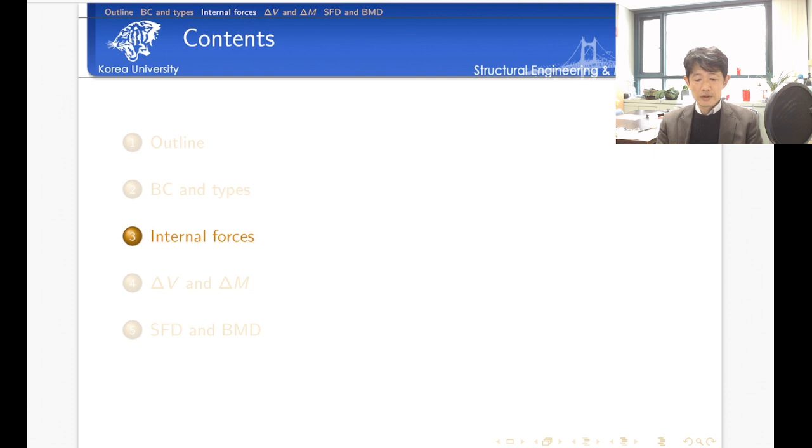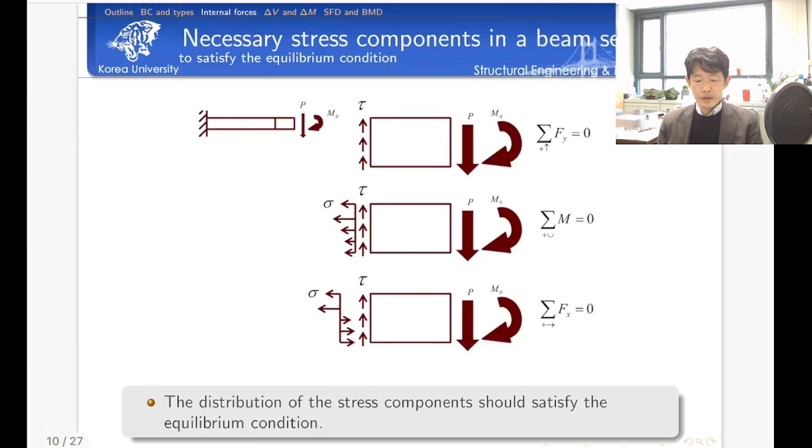The internal forces in Korean, we encountered several times: 내력. Okay, 내력, internal forces.